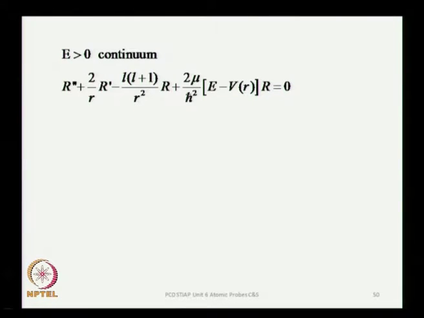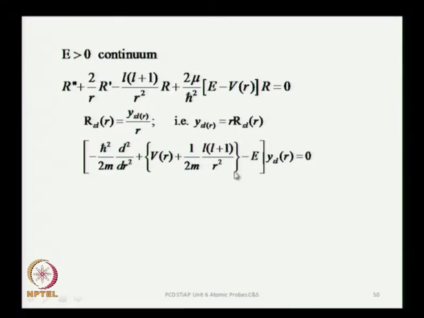So, let us have a look at this problem, and we look only at the radial part because the angular part solutions we already know, those are the spherical harmonics. We set up this differential equation for y, where y over r is the radial function.